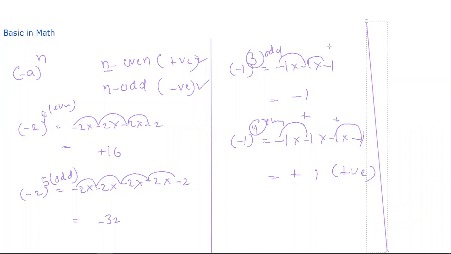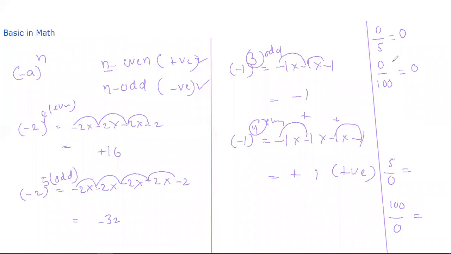Now see, for example, if I have 0 by 5, 0 by 5 is 0, and 0 by 100 is 0, and 5 by 0, and 100 by 0.